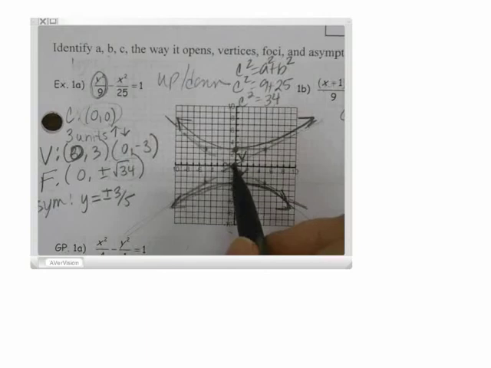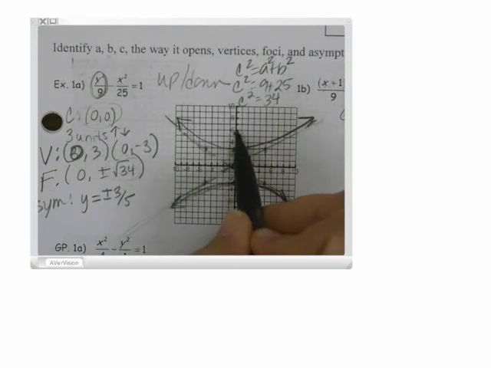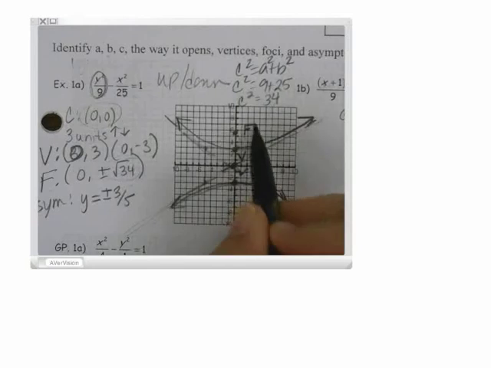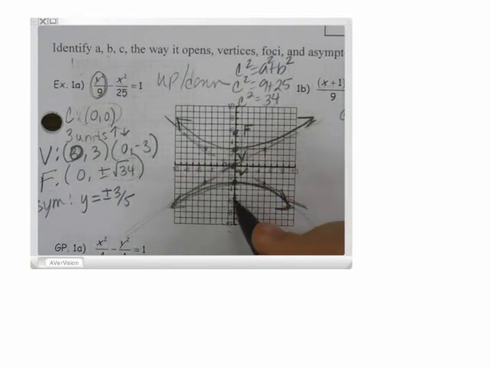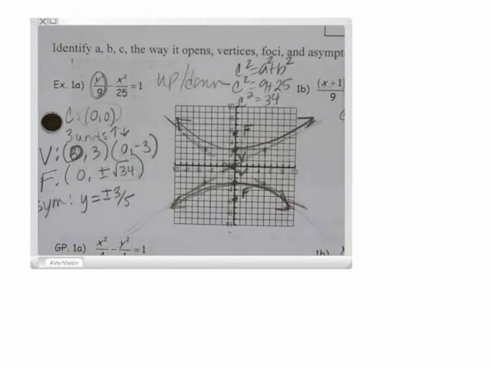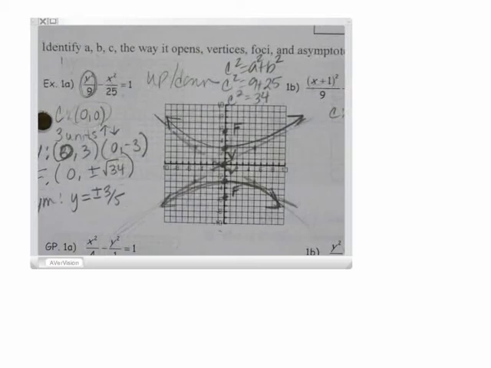So this, remember, was up 3. If I need to go up 5.8, I go 3, 4, 5.8, about right here. And then down 3, 4, 5.8. They're always inside the hyperbola, the branches.